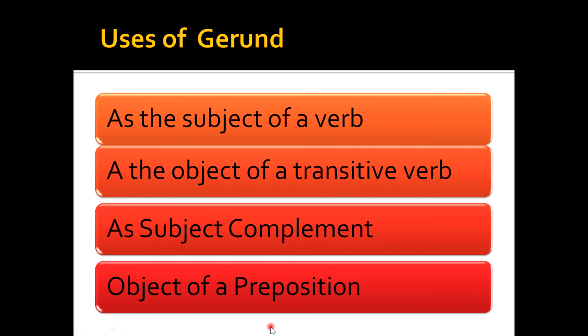Our primary need is building up a strong immune system. So building is the subject complement. The fourth is as an object of a preposition: he is fond of eating sweets. Of is the preposition and its object is eating here.